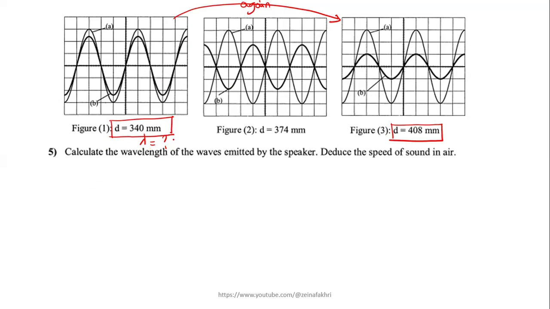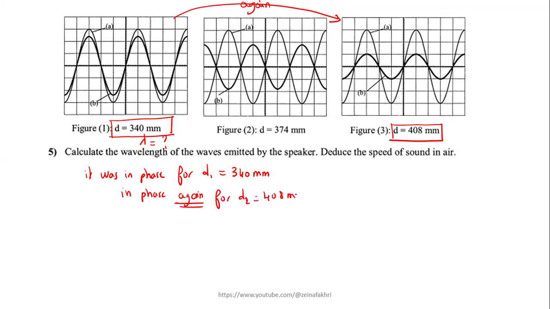Since it was in phase for D1 equal to 340 millimeter, meaning A and B are in phase, and again in phase for D2 equal to 408 millimeter, which implies we only have one cycle passed.